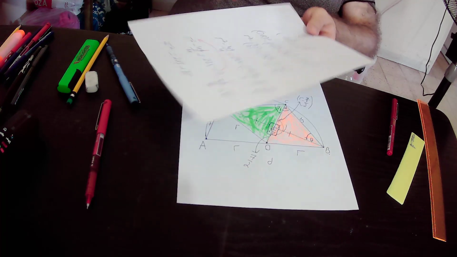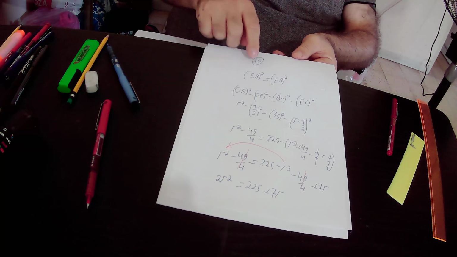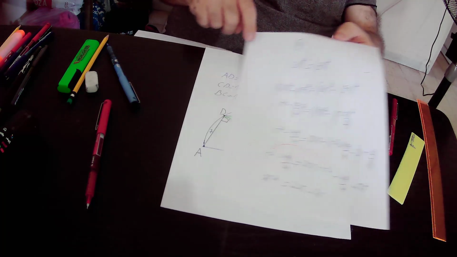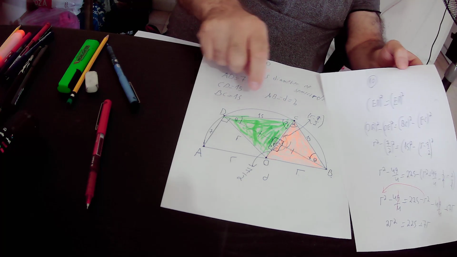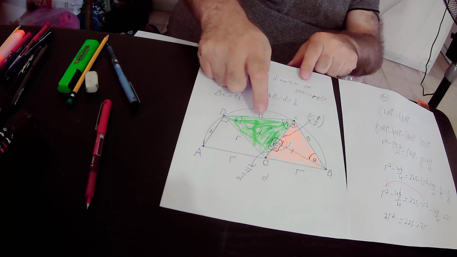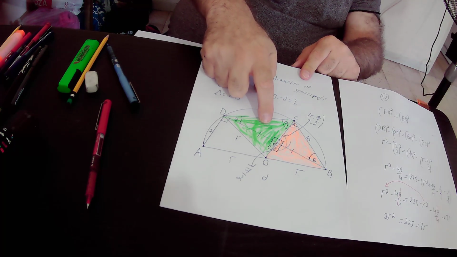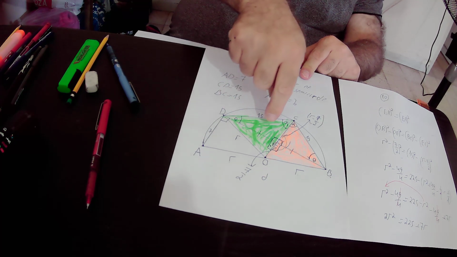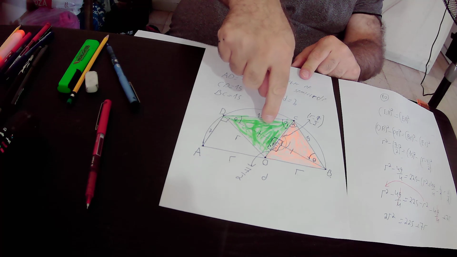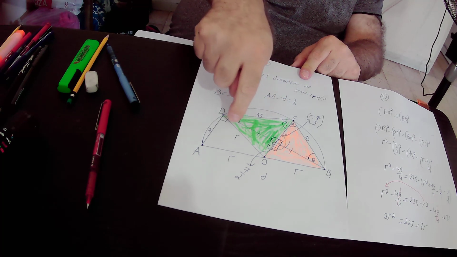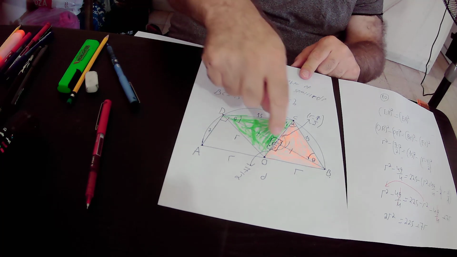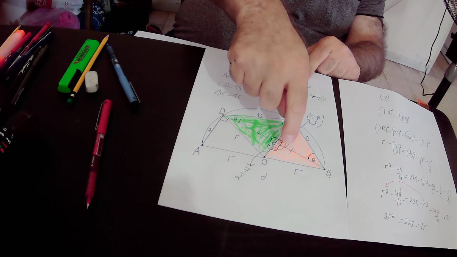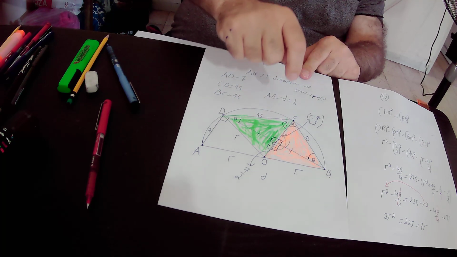The square of the hypotenuse equals the sum of the squares of the perpendiculars in any right triangle. So we can state that EB square equals EB square, and EB is related to two triangles. EB belongs to the right triangle DCE, and EB also belongs to the right triangle EOB.